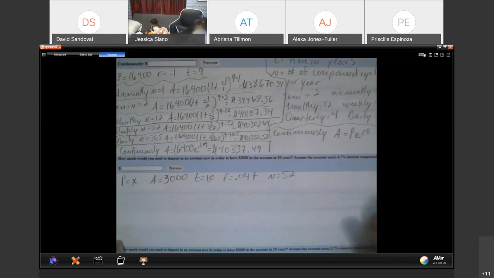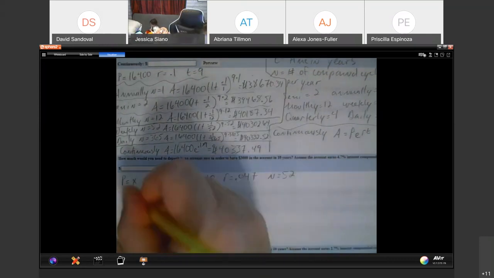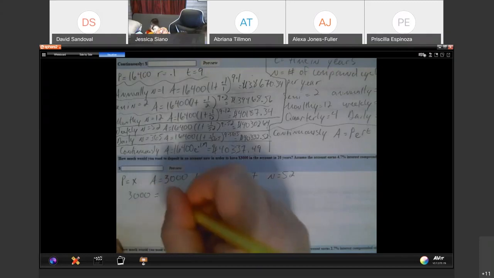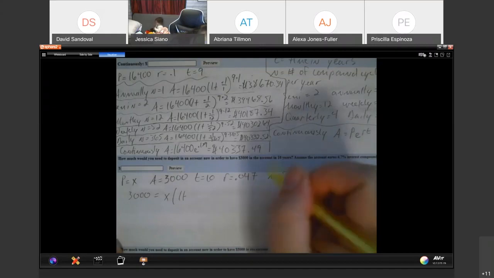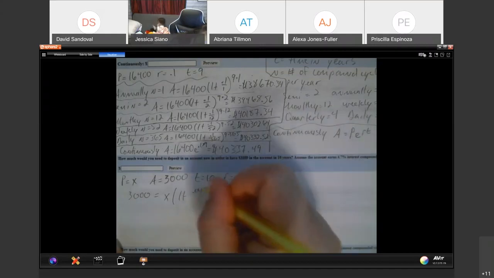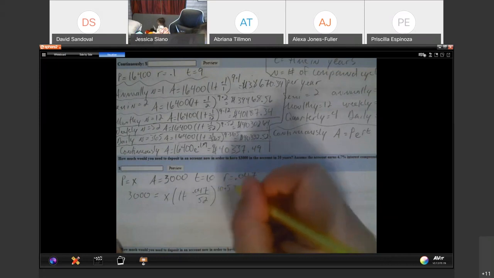So back to my formula from above, this would be 3,000 equals x times 1 plus 0.047 over 52 to the 10 times 52.